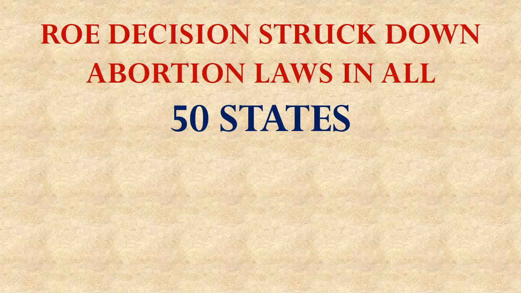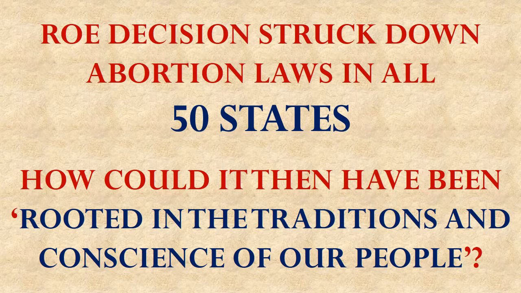How can you say it's our tradition not to have laws about this sort of thing, when actually all 50 states did have laws about these kind of things? So, if all the states had laws regulating abortion, it cannot possibly be rooted in the traditions and conscience of our people to not have laws about this thing.